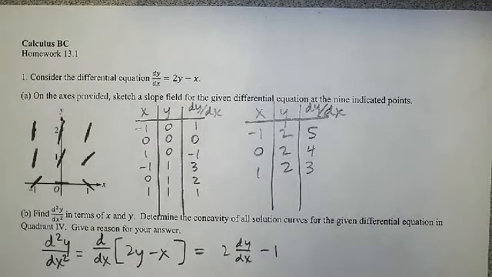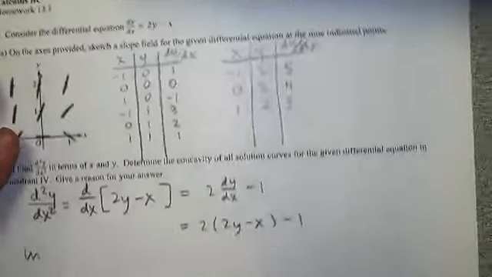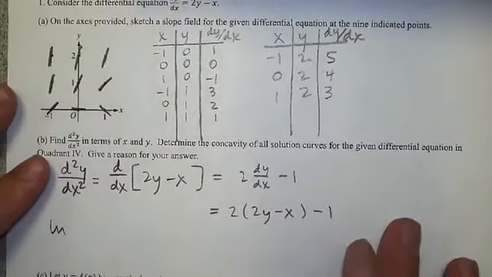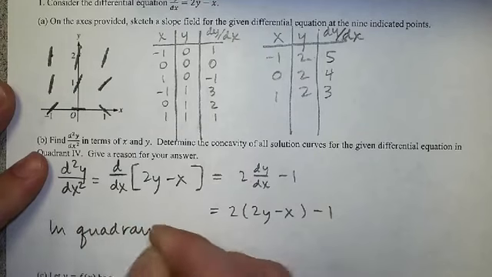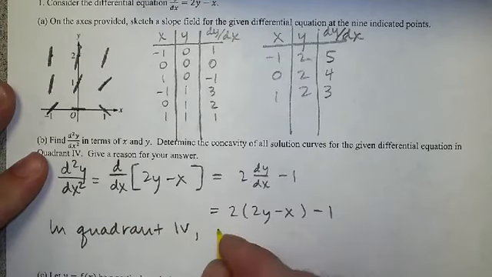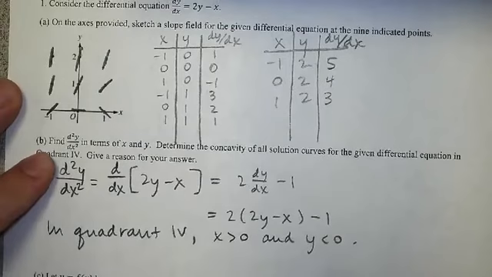And then it says determine the concavity of all solution curves for the given differential equation in quadrant 4. So one thing I know about quadrant 4, and you can't see because I forgot to scroll it down, my bad, is that in quadrant 4, x is greater than 0 and y is less than 0.